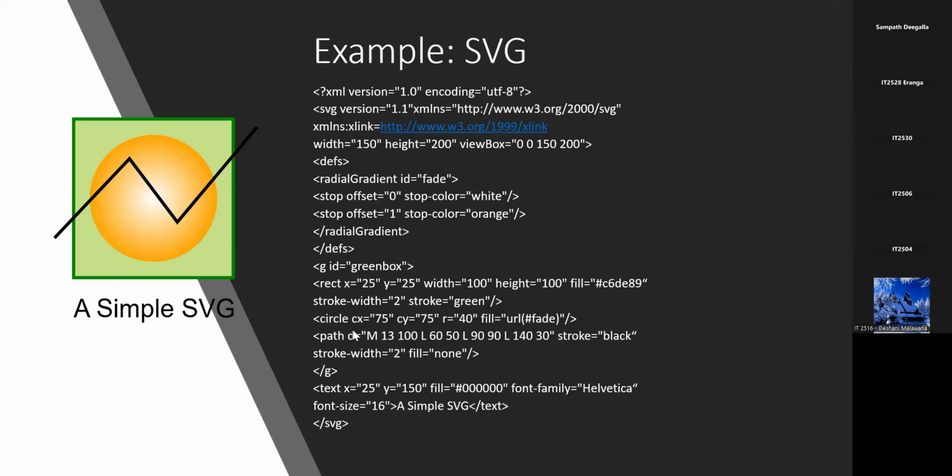Similar to that, you can also notice the circle. Here, CX, CY define the X and Y coordinate for the center of the circle, and the radius and the fill color, right?